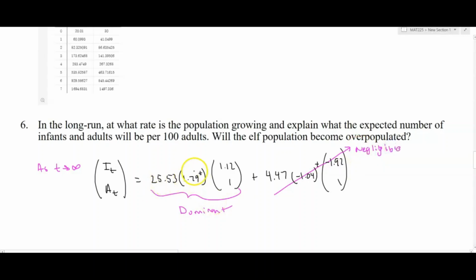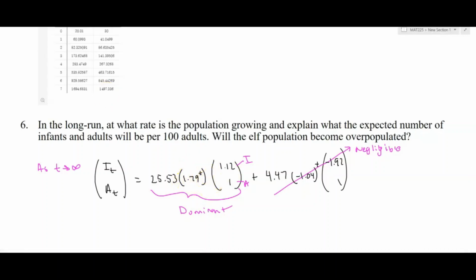And so what this means is that as t becomes really large, the ratio of infants to adults will be 1.12 to 1, which is our eigenvector right there of our dominant eigenvalue. And each time you increase t by 1, you'll just get one more factor of 1.79.